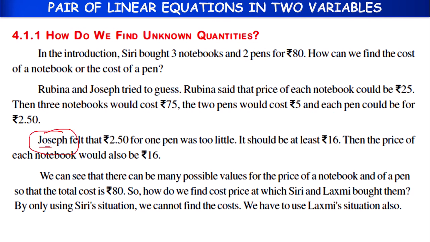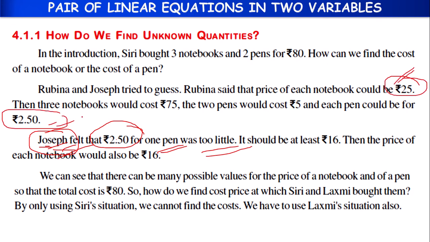Now Joseph felt that 2 rupees 50 paise for 1 pen was too little. He told her, you are guessing the cost of notebook high and the cost of pen very low. It may not be true. It should be at least rupees 16.